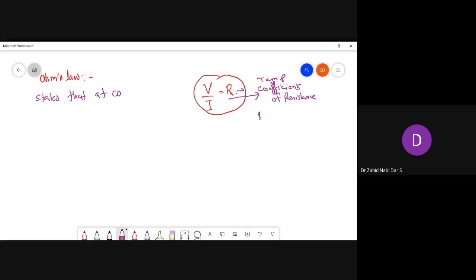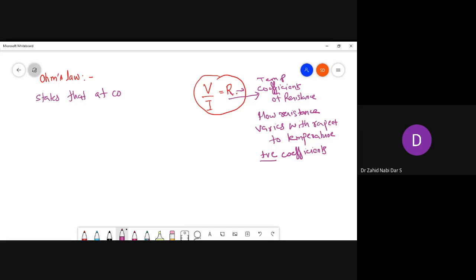If it has a positive temperature coefficient, it means if temperature increases, resistance increases, and if temperature decreases, resistance decreases. So this is one essential thing. Certain conductors will have a positive coefficient. Insulators, semiconductors, different devices have different coefficients of resistance.